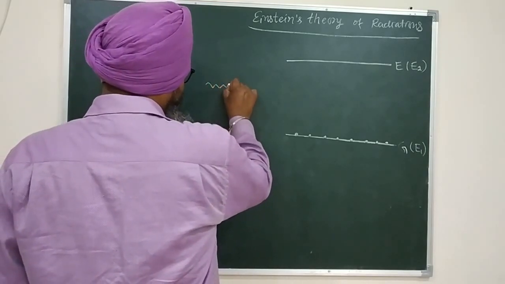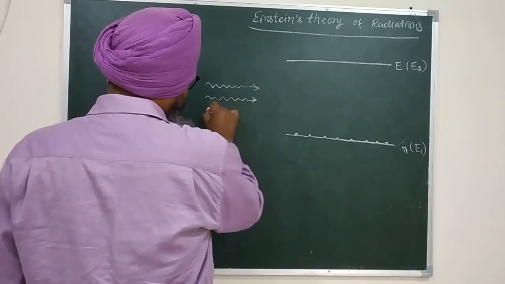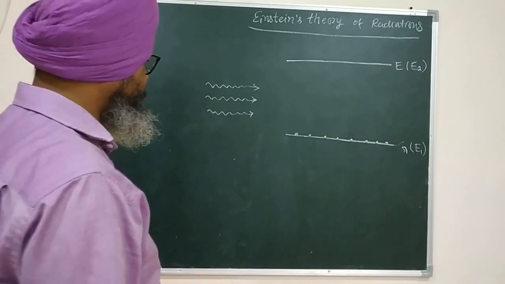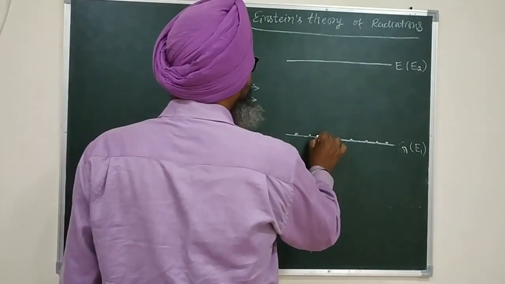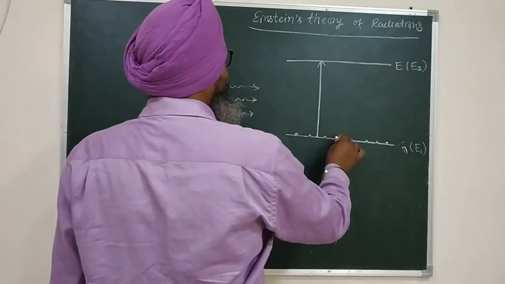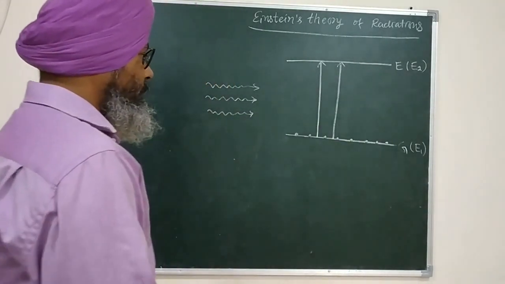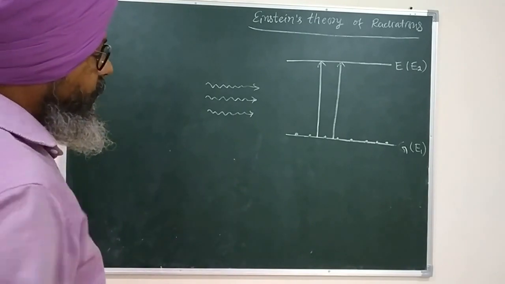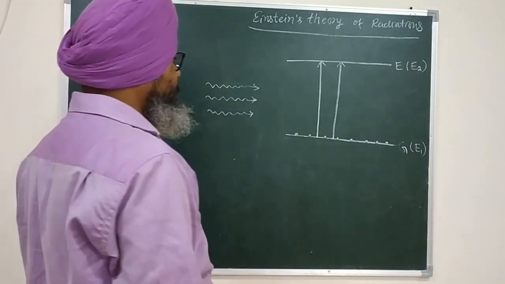Let us say there is a beam of radiation incident on the material, and by absorbing this energy, certain electrons jump from the lower energy level G to the higher energy level E.